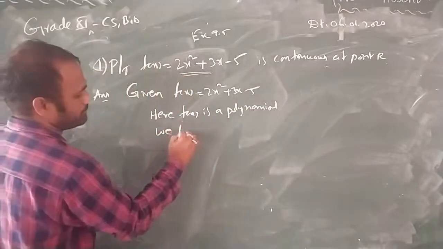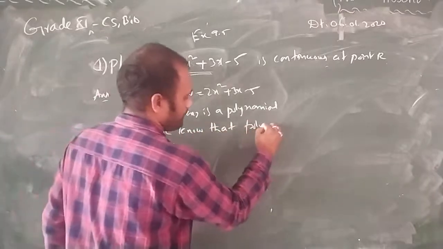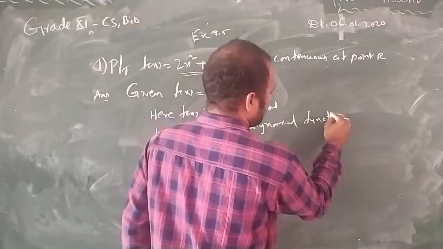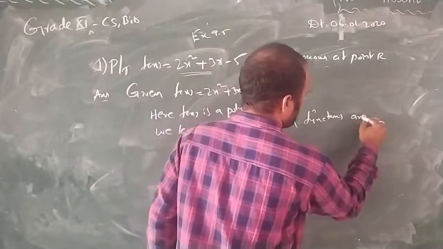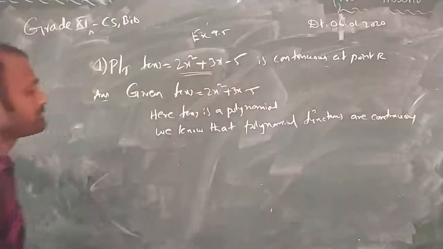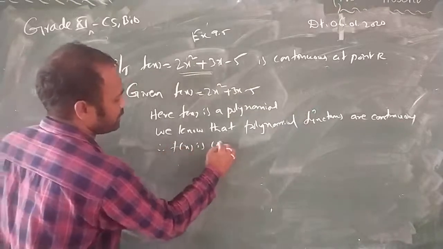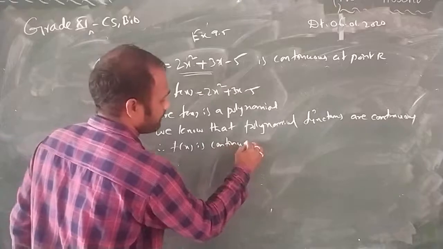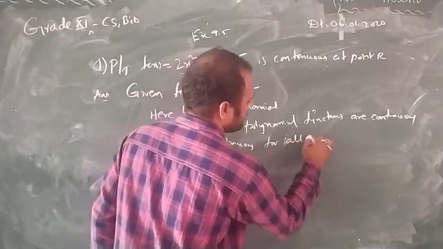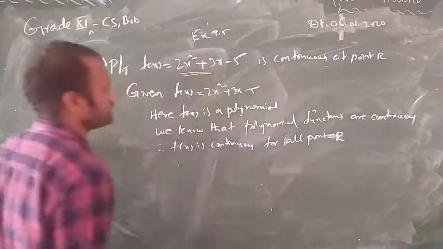We know that polynomial functions are continuous, therefore f of x is continuous at all points in R. All real numbers will be continuous.